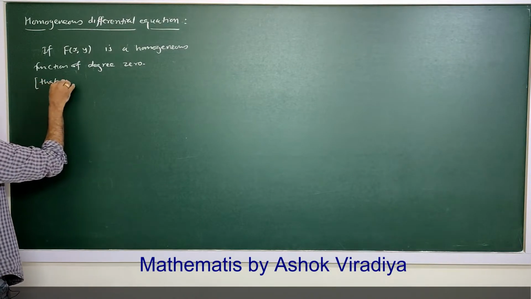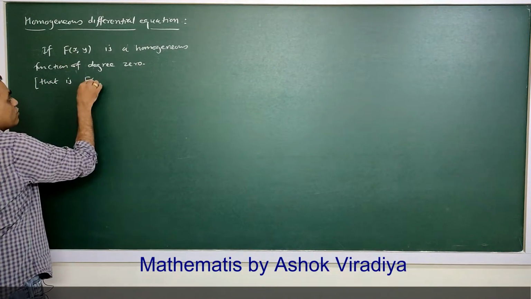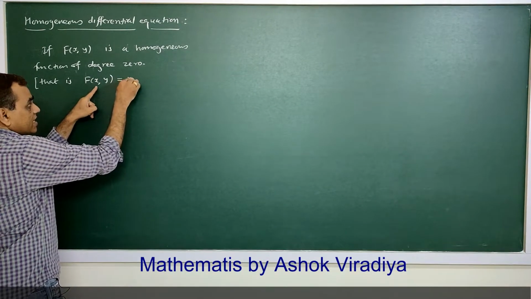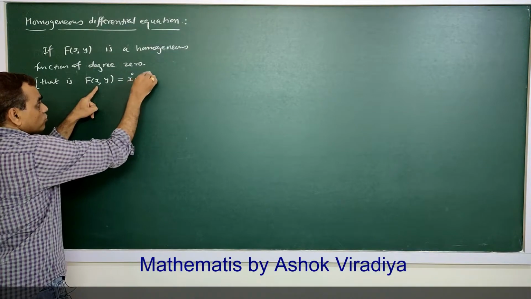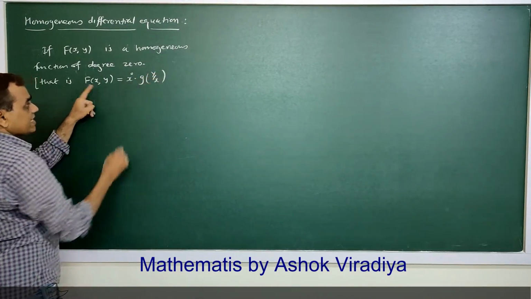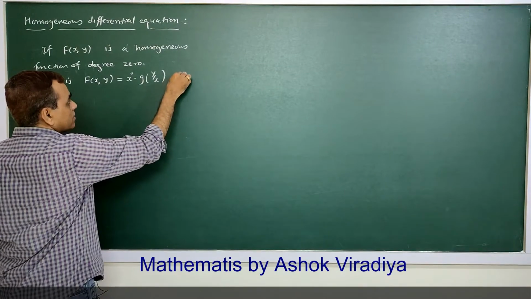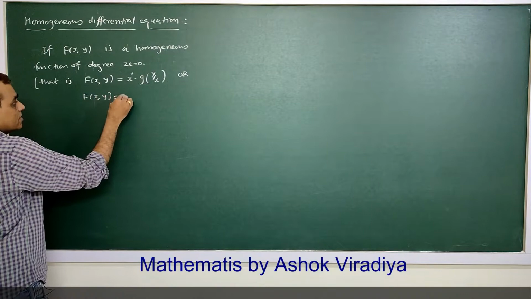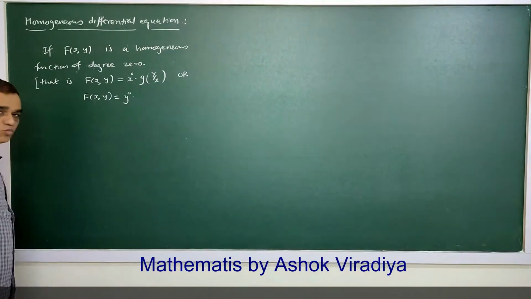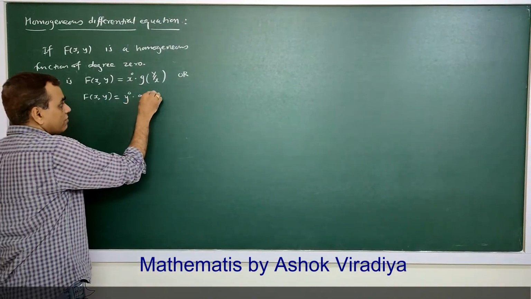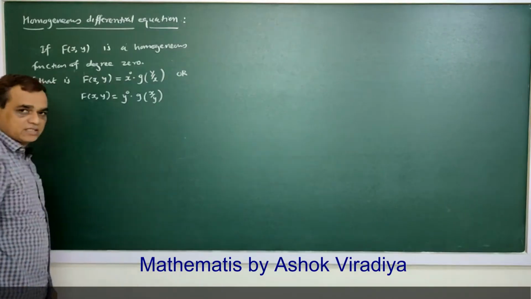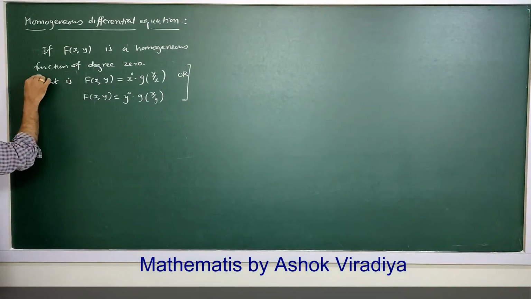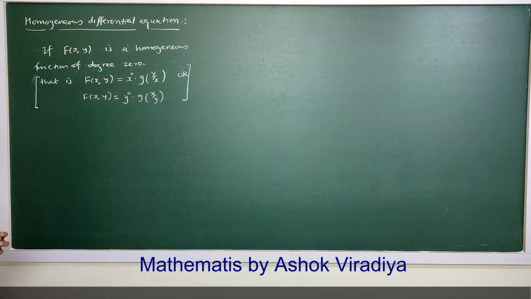That this f of xy can be expressed as x raised to 0 into g of y by x, or this can be expressed as y raised to 0 into g of x by y. So that is the meaning of a homogeneous function of degree 0.